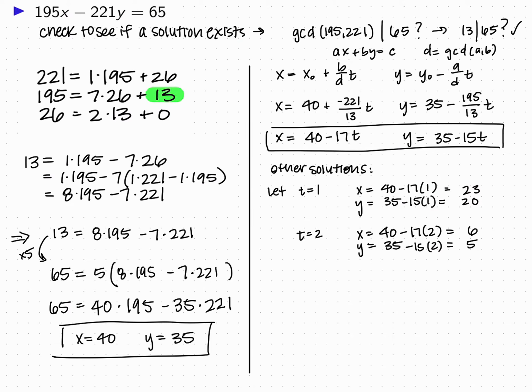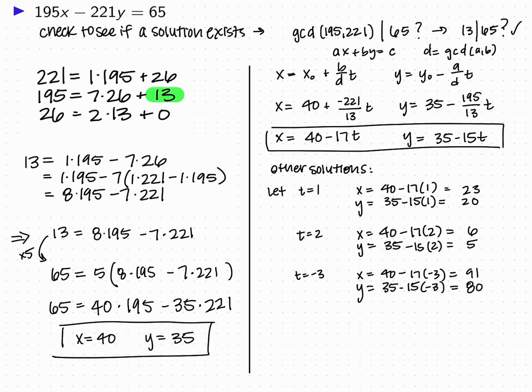And t can be whatever, so for the last one, I'm just going to let it be negative 3 just to do something different. Here, x would be 40 minus 17 times negative 3, which ends up being a 91. And y would be 35 minus 15 times negative 3, which ends up being an 80. So what I found over here is 3 more solutions of my original.